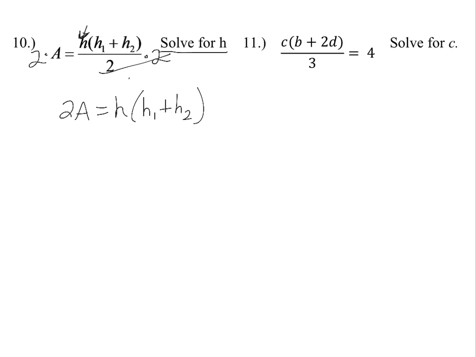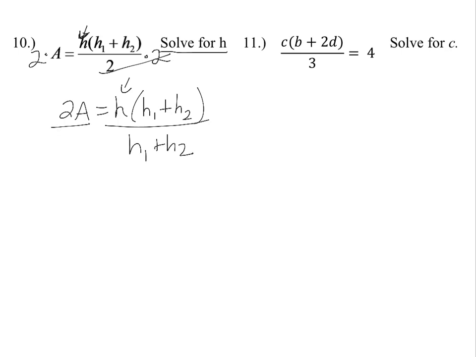Now keep in mind, we're trying to get the h alone. So think about what's happening here. What's happening is h is being multiplied by this set of parentheses, right? The order of operations will tell us to do this first, then multiply by h. So since this is being multiplied by h, to undo it, we have to divide everything by h sub 1 plus h sub 2.